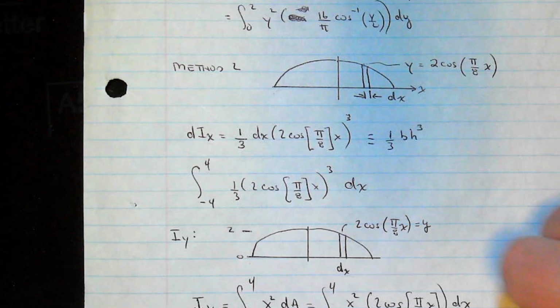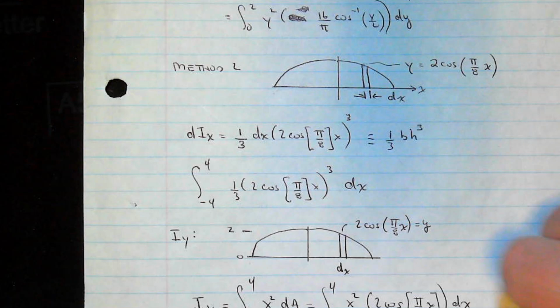So we have the same shape, and I'm going to look at this thing right here. Here's our little x-axis. So this is a vertical rectangle, and with a differential width here, I know exactly what the area moment of inertia about the x-axis is for this.